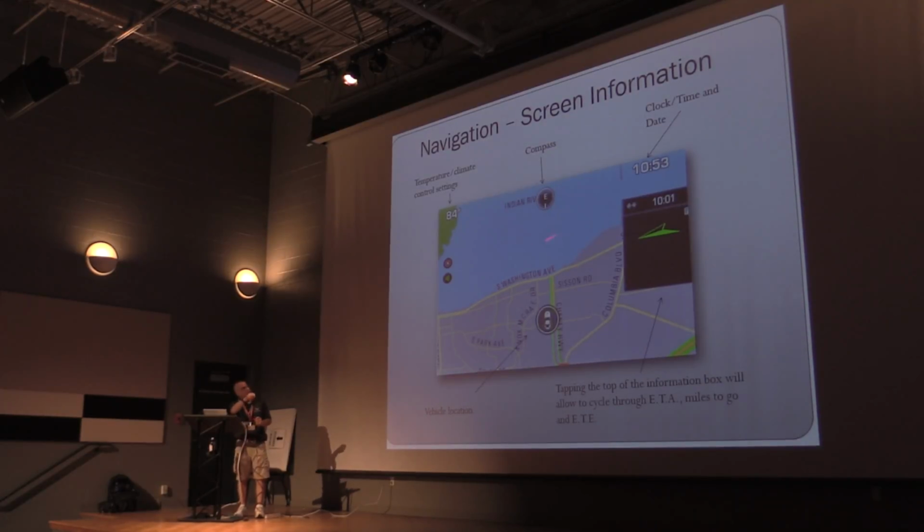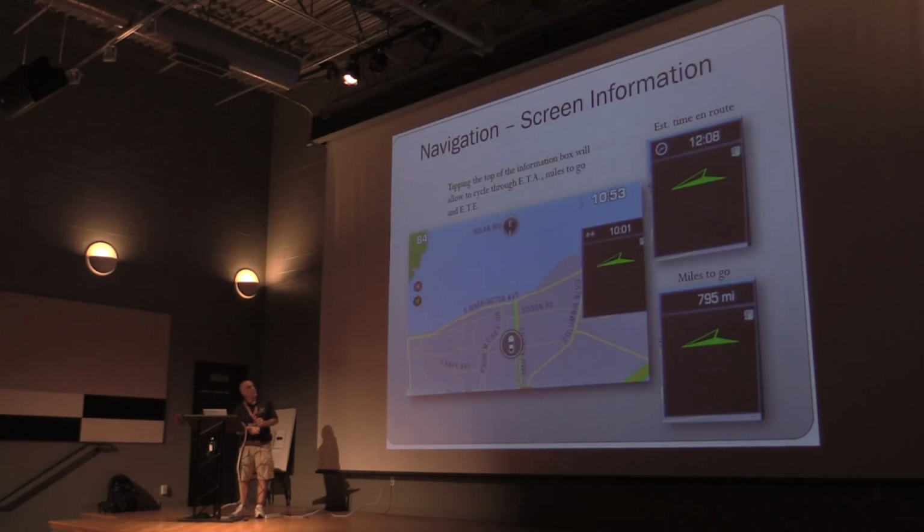If you touch on the top portion, it's going to cycle through estimated time of arrival, estimated time en route, and miles to go. So if you're looking for that specific information as you're on your trip, that's the way to bring it up. Simply touch anywhere up here above the line, and it will cycle those three modes.